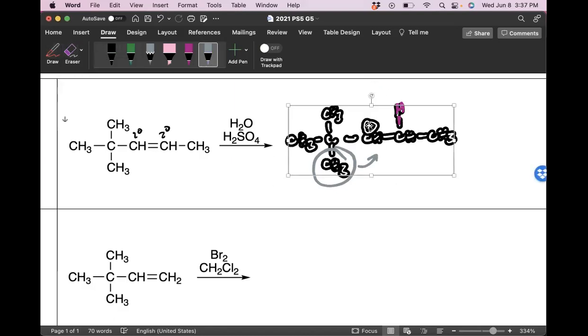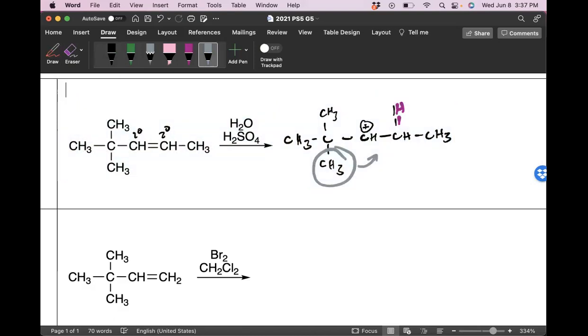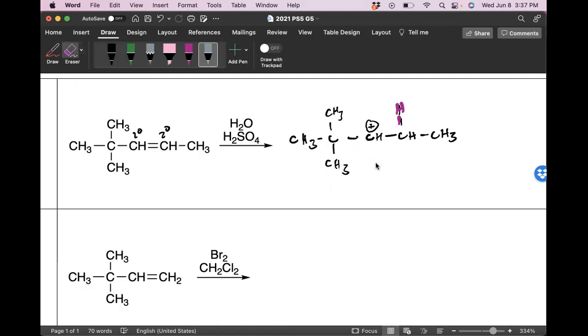So if this methyl were to shift over, that carbocation would be on a newly tertiary carbon compared to a secondary.